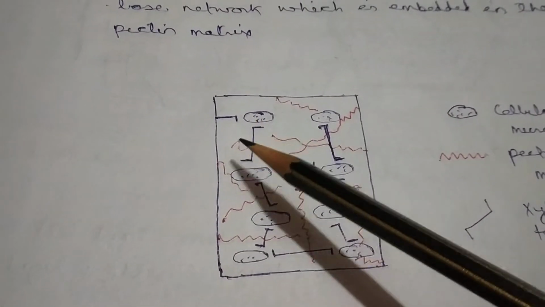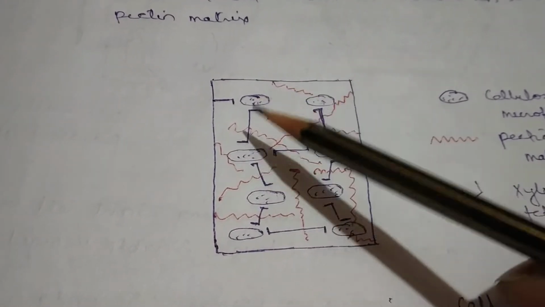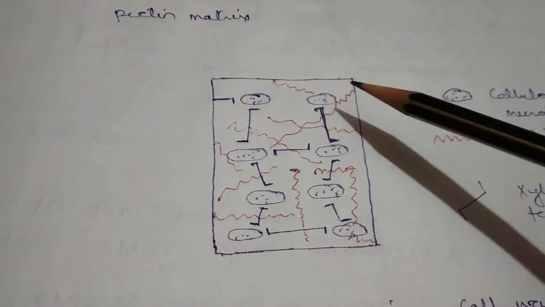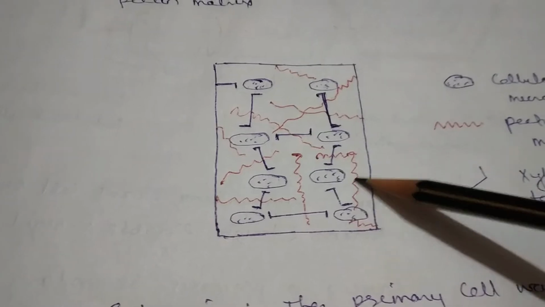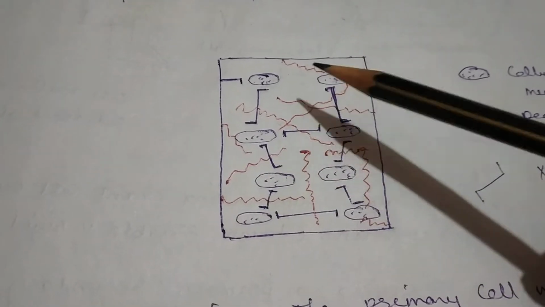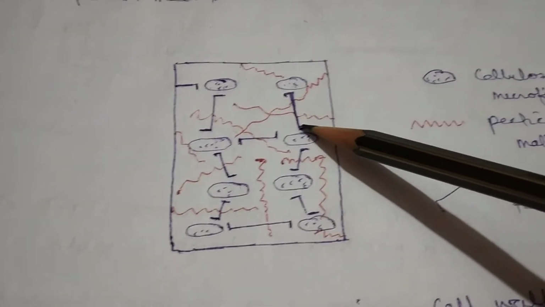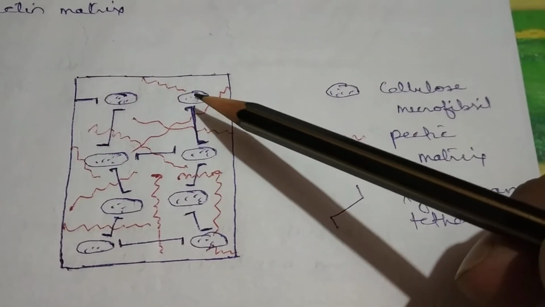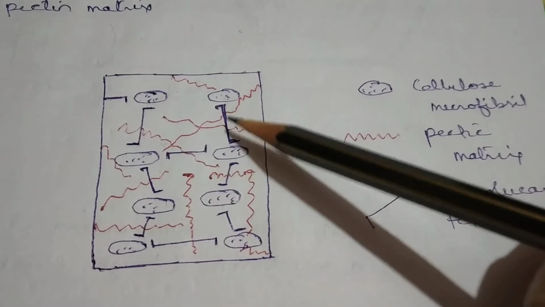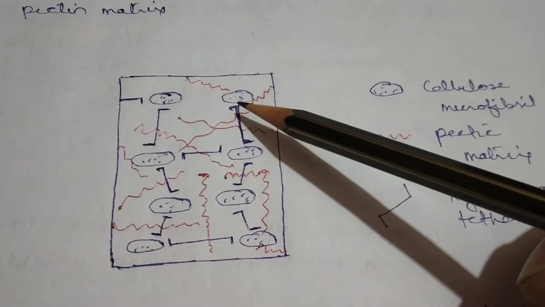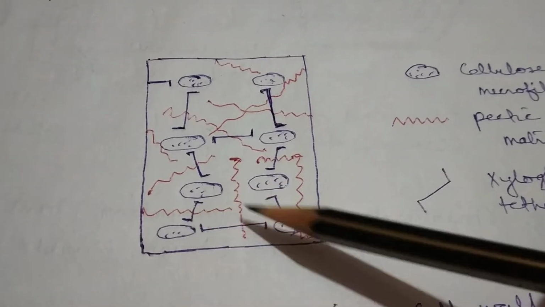Now this is the cellulose microfibril consisting of a tube-like structure, this is the primary cell wall. These are the cellulose microfibrils. This is the pectin matrix, and these are the hemicellulose, that is xyloglucan, which is linking one cellulose microfibril to the other in cross-link bonds, and they are cross-linked with the pectin matrix through hydrogen bonds, and you can see how they are linked.